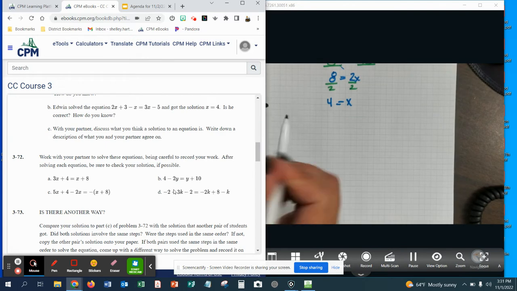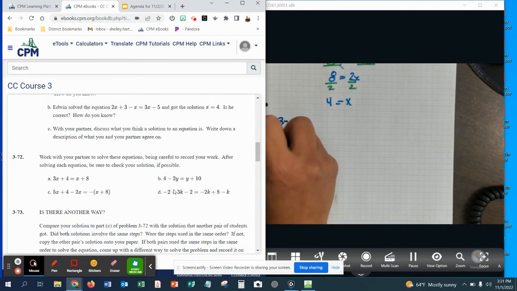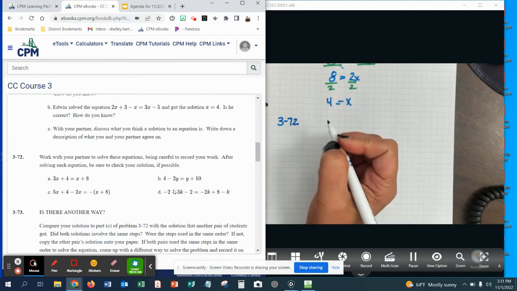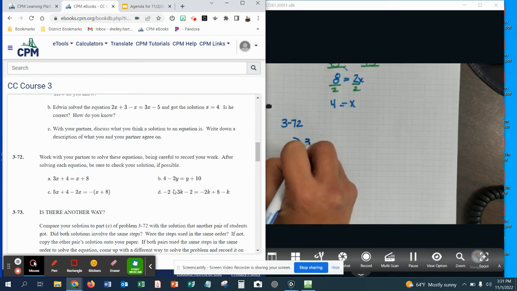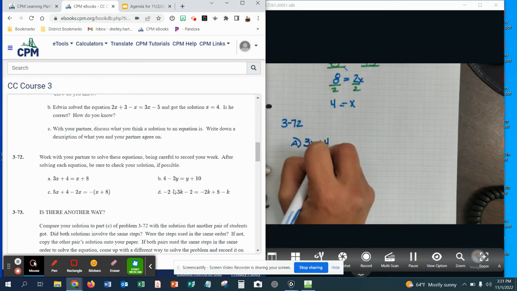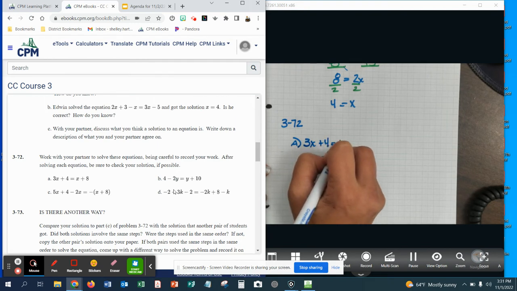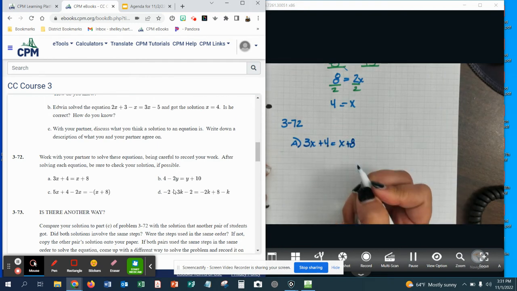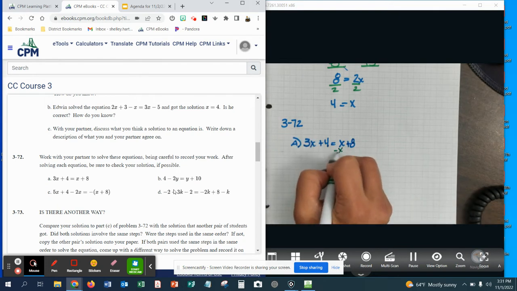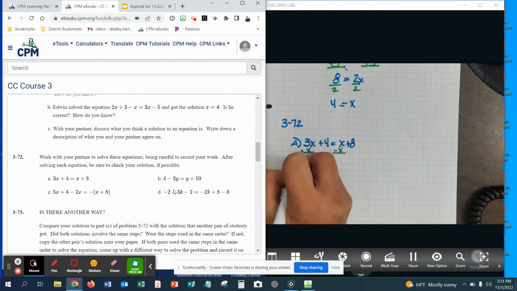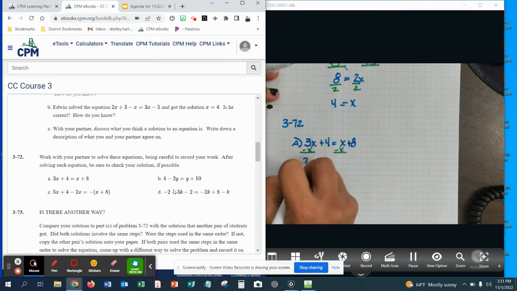Same thing. So 3-72. We have 3x plus 4 equals x plus 8. We need to get the x's on one side. I'm going to subtract it, rewrite it. So I have 2x plus 4 equals 8.